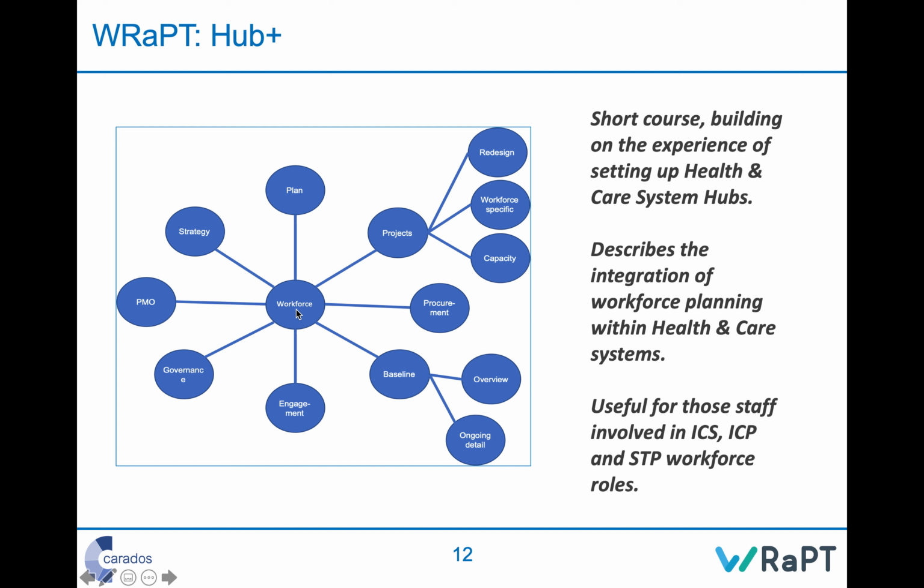Be that at an ICP, integrated care program level, integrated care system level, ICS level, STP level if they still exist. Whatever level that runs across multiple organisations, there is a workforce role, and we talk about what the different elements of that workforce role might be.